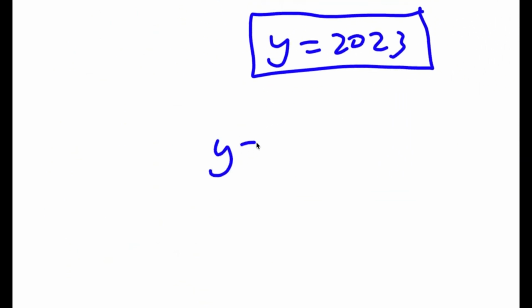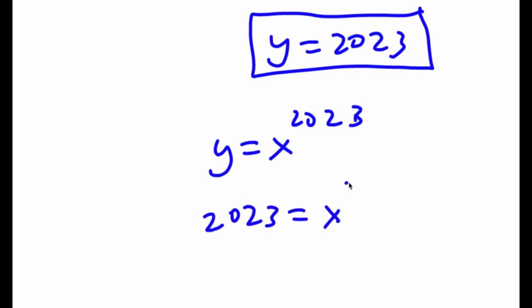So if y is equal to x to the power of 2023, and if y is equal to 2023, then I have 2023 is equal to x to the power of 2023. Now I can take the power of 1 over 2023 on both sides.